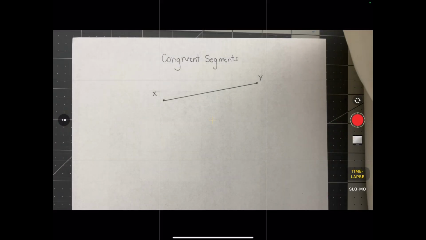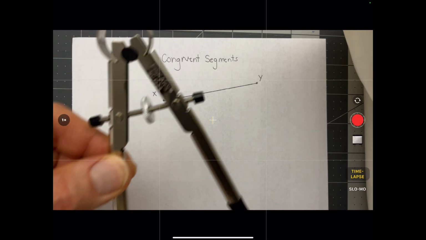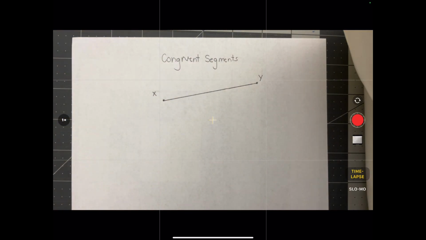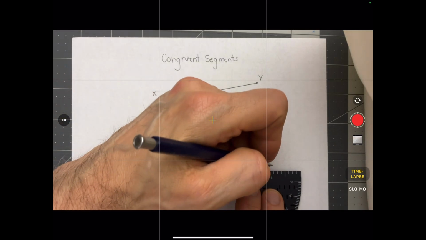We are going to create a congruent segment to XY using our compass and a straight edge. So when we're going to do this type of construction, we're just going to make a line segment.